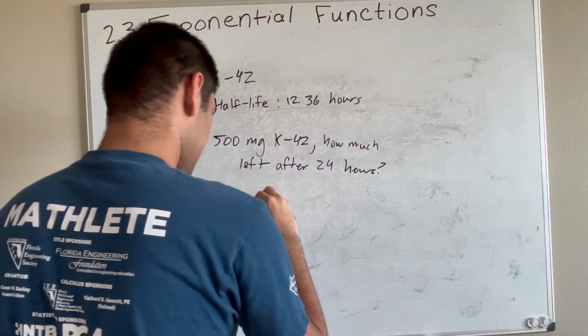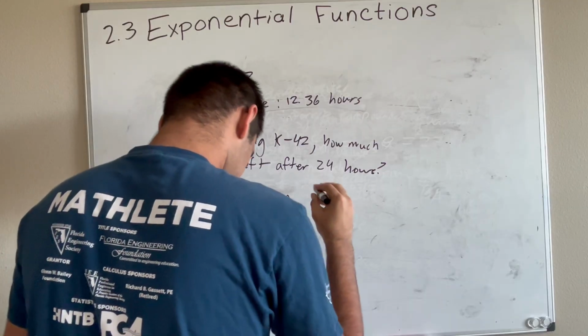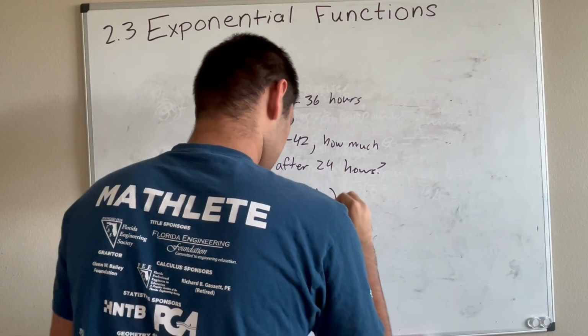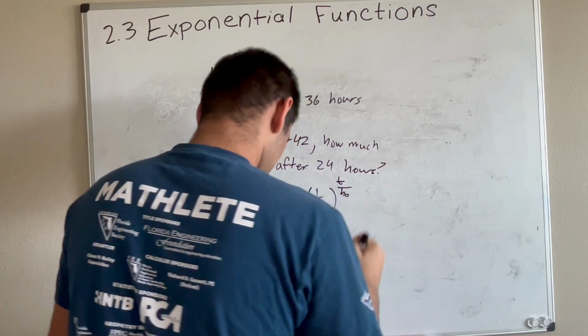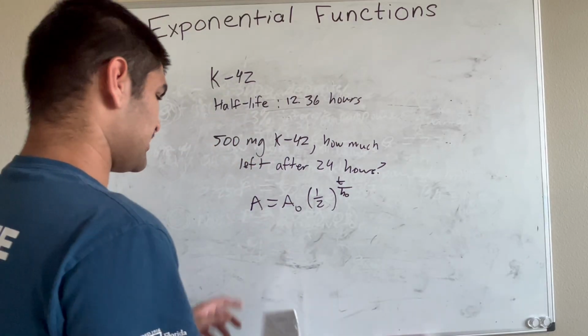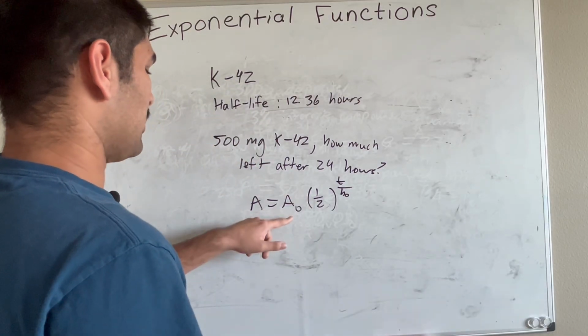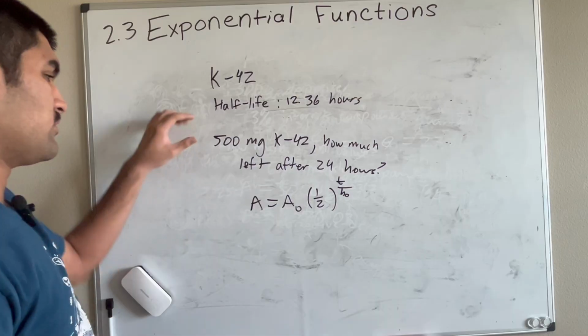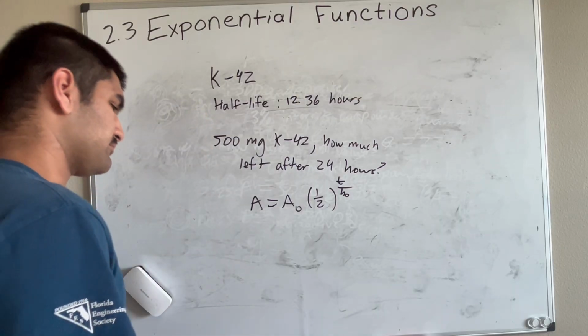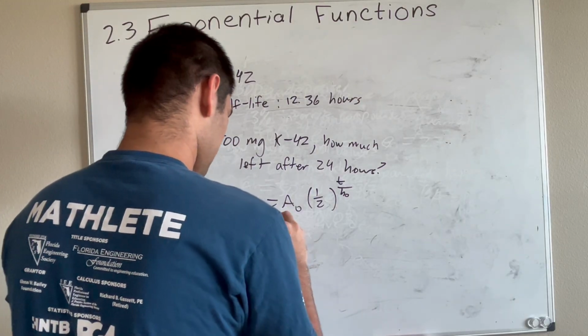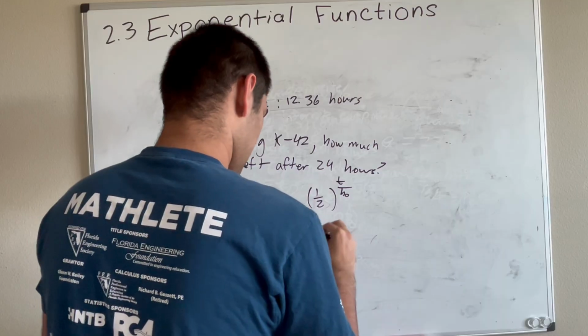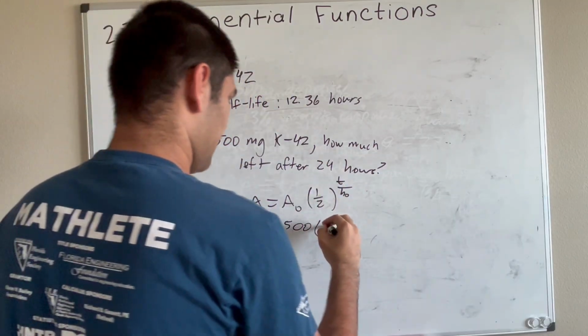So the general equation is the following. A naught is the initial amount that you're starting with. So in this case, it's 500 milligrams. And then 1/2, that's because it's half-life, right?